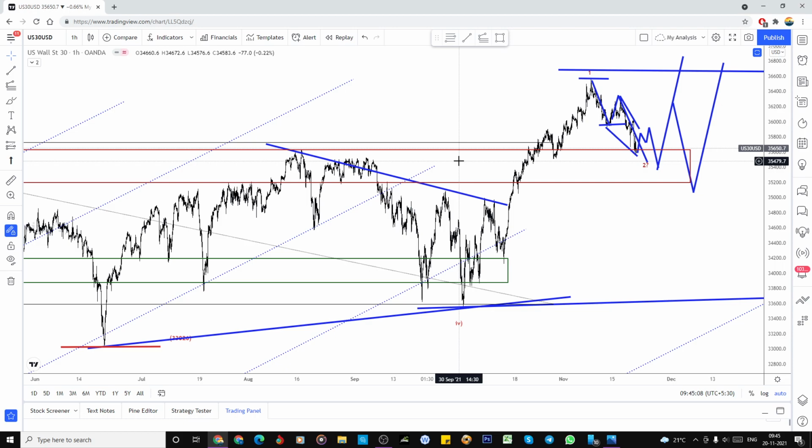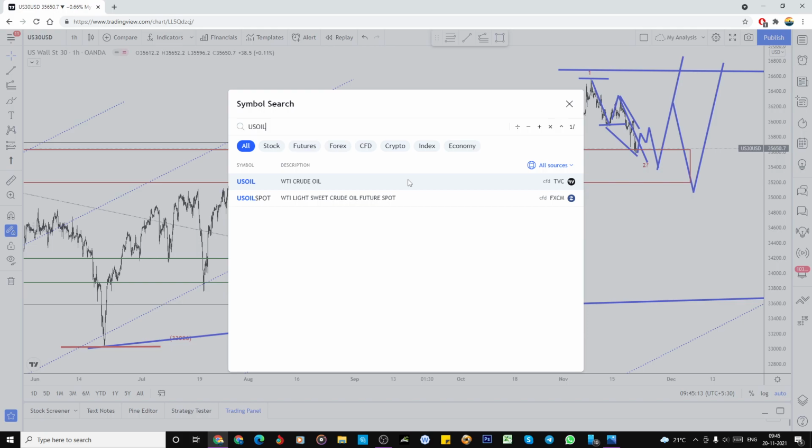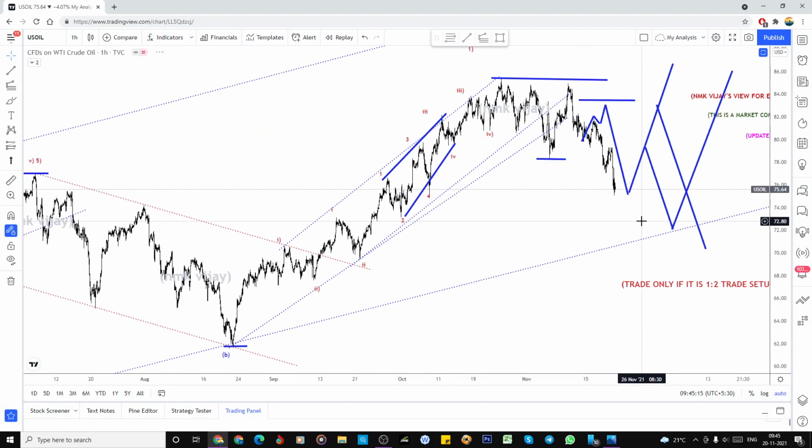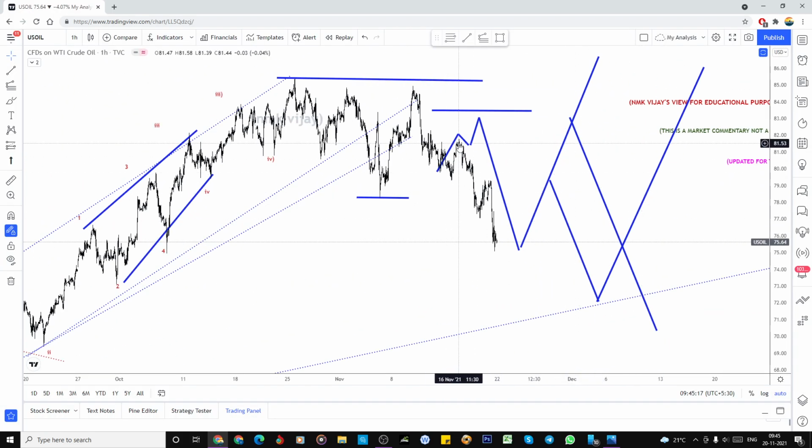So let's move on to crude oil, US oil. I expected this kind of 3-wave structure after this 1-wave length for the previous 4th wave, right? It is exactly reached there, but it failed to do this.